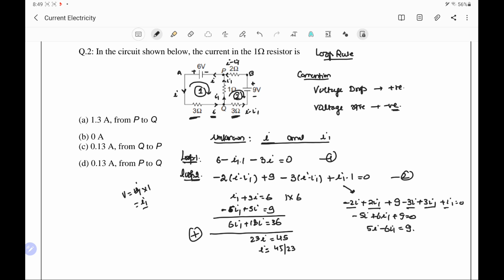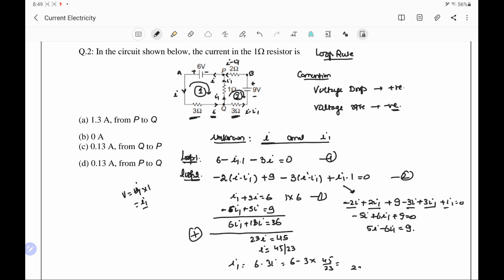We need the current I1, so we put this value of I in equation number 1. Therefore I1 will be equal to 6 minus 3I, that is 6 minus 3 into 45 by 23.